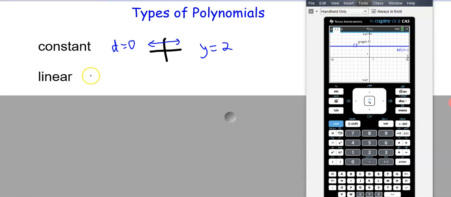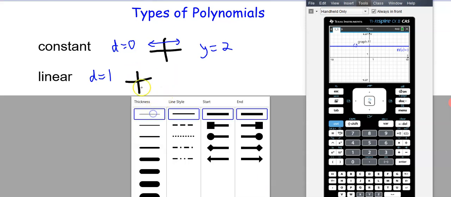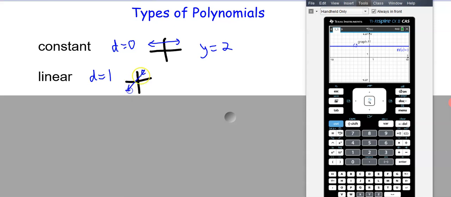So a linear function, you're very familiar with. The degree of a linear function is 1. If you look at a graph of a linear function, it's going to be a slanted line. This one has a positive slope. If I double click this and change it, let's make it negative 1/2 x plus 1.